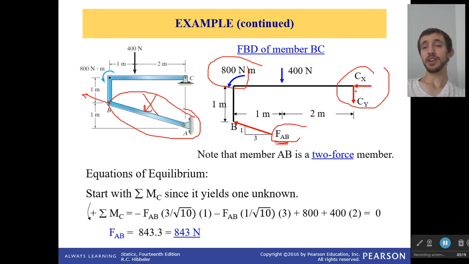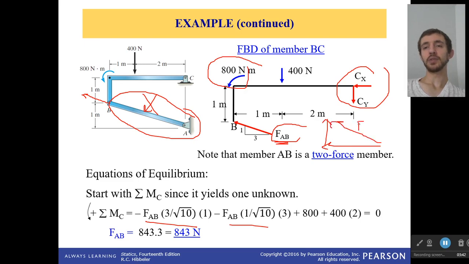Now I choose point C because we get rid of 2 unknowns. We only have 1 unknown right here from force AB. A little bit of a frustrating point is that force AB, because it is in both the horizontal and vertical direction, will have 2 components to add to the moment. You see them right here. That is us just breaking up force AB into its horizontal and vertical components.